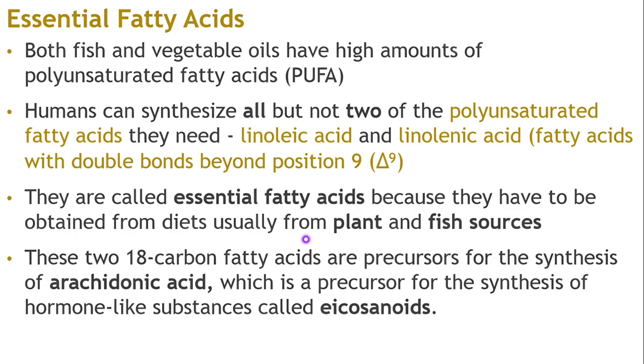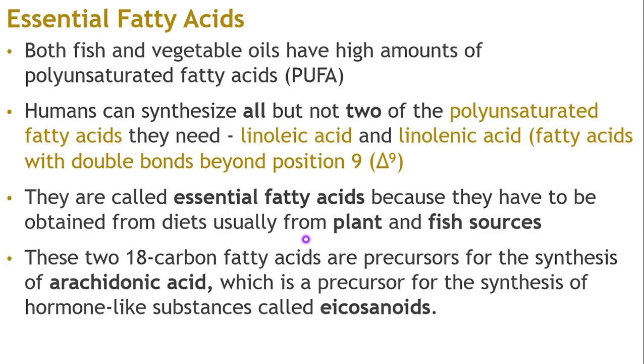Now let's look at the essential fatty acids. Both fish and vegetable oils have a higher amount of polyunsaturated fatty acids. Humans can synthesize all but 2 of the polyunsaturated fatty acids they need.